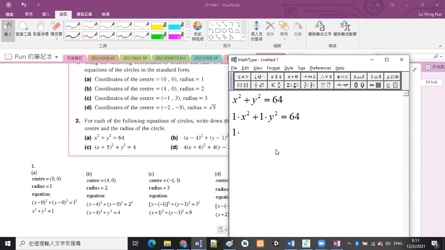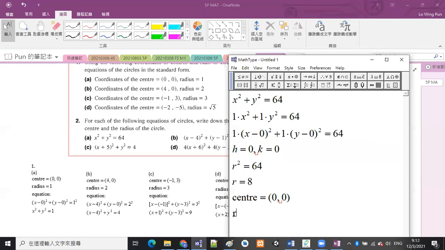And if there is no minus, or no number, then it becomes x minus 0, and y minus 0 square is equal to 64, which means that the h value will be 0 and the k value is also equal to 0. And then r square is equal to 64. Taking square roots, r is equal to 8. Just write down the answer. The center will be the h and k value, that is 0, 0. And the radius is the r value, that is 8.